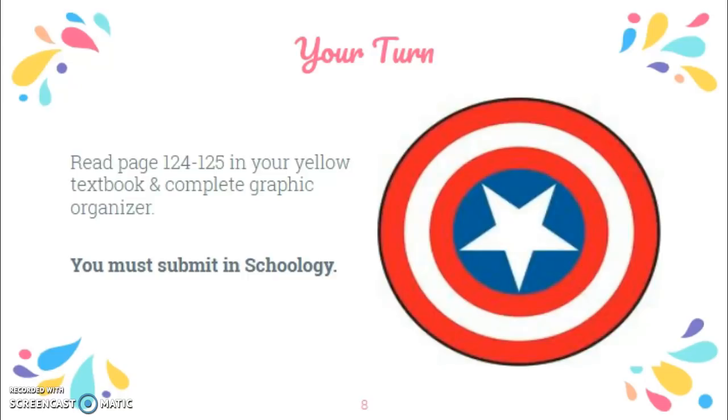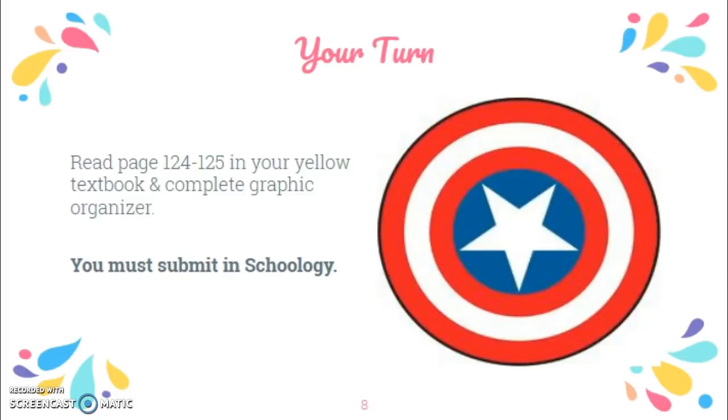Now, it's your turn. So this was really just an introduction to the 7 principles of the Constitution, and you guys are going to get more information about this tomorrow and throughout your readings. But again, today what you're going to do is read pages 124 to 125 in your yellow textbook and complete the graphic organizer.